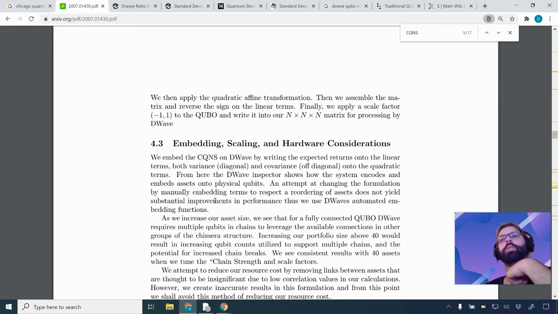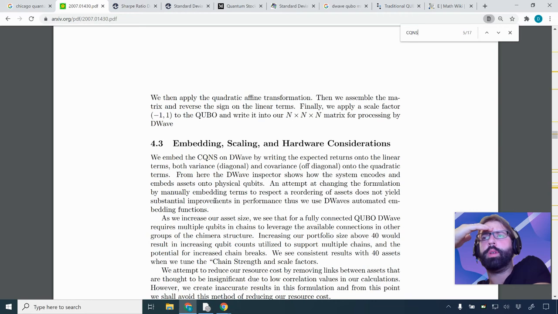So what you're essentially saying is, they're essentially saying you want to minimize expected returns, as in like, the higher the better, but you're trying to minimize that, right?